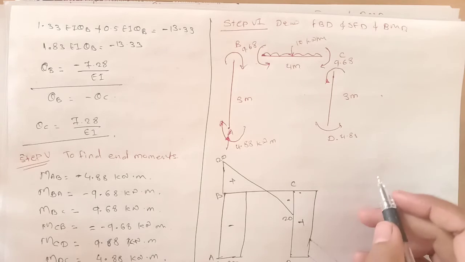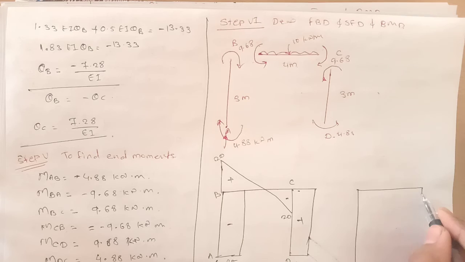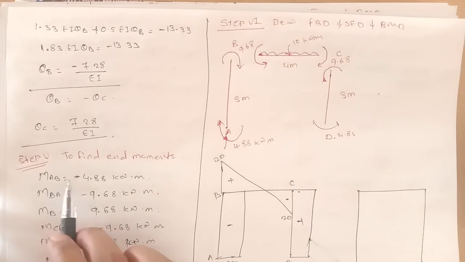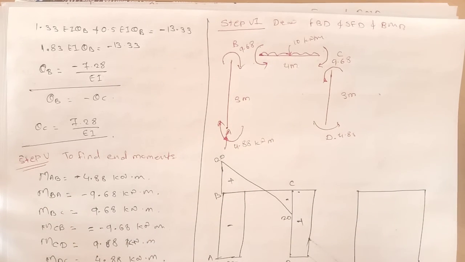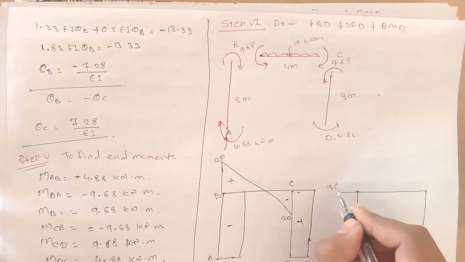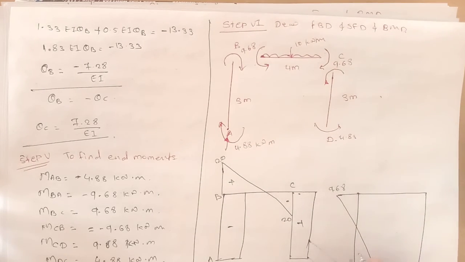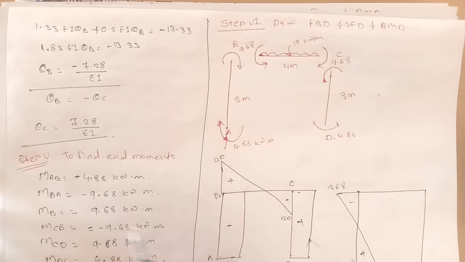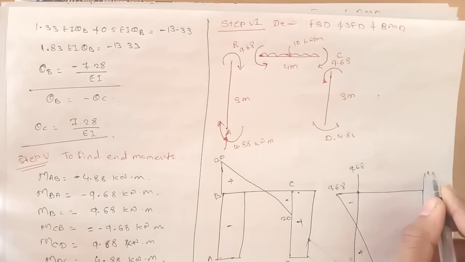And then last, the bending moment diagram. In the bending moment diagram, firstly put the end moments. First, end moment at member AB is 4.88, at B it is 9.68, then over this BC member, here 9.68 and here also 9.68.